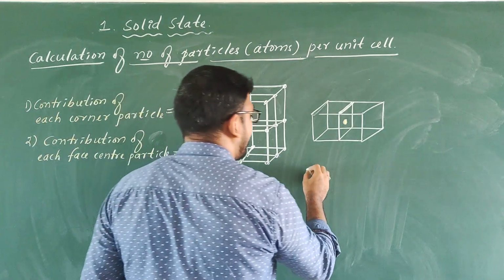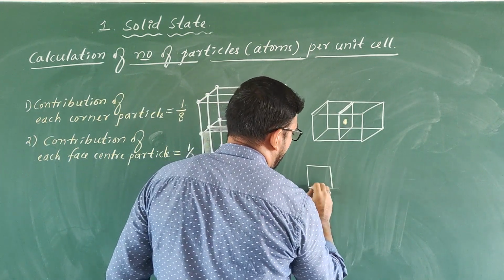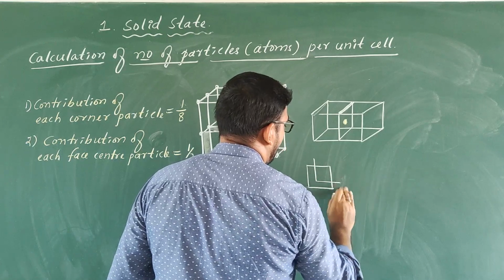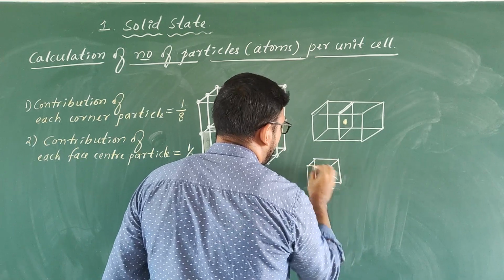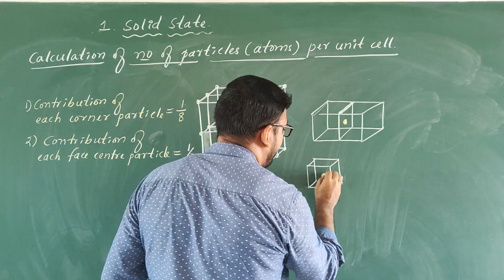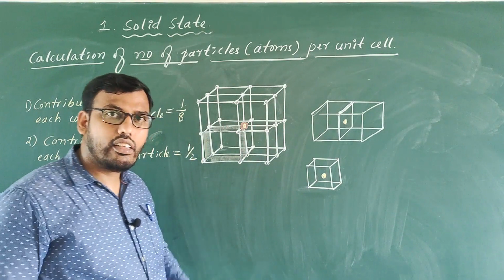And the last one is where we can expect a particle. We have already seen the corner particles, and we have already seen particles present at the face center. So the other way is when a particle is present at the body center.